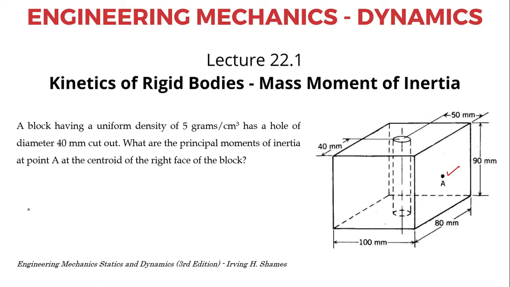For a solid block, the moment of inertia about an axis that is passing through the center of that solid is given as m into a square plus b square divided by 12, where a and b represent the corresponding widths of the block perpendicular to the axis.